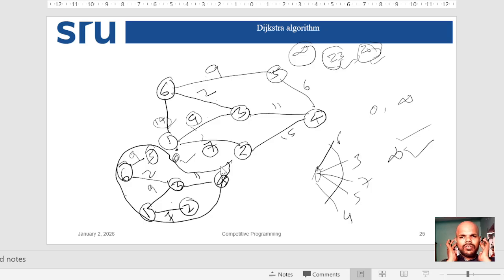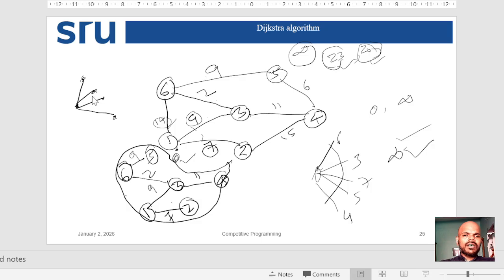The main idea of the Dijkstra algorithm is, for example, if we are at this position, we want to find the distance to some other places, like here, here, here.